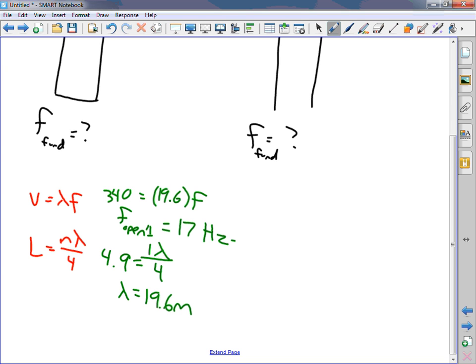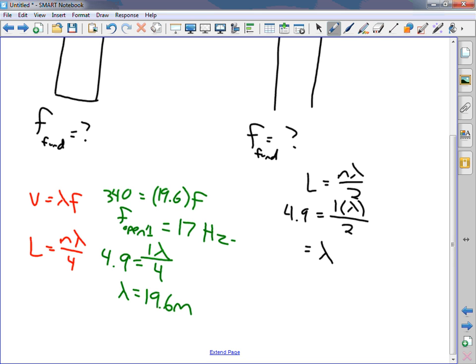All right. Now for the other one, I'm going to use the exact same process. Length equals n lambda. Now, what's the equation for open on both ends? It's L equals n lambda divided by 2. Okay, so this is over 2. 4.9 equals 1 times lambda divided by 2.